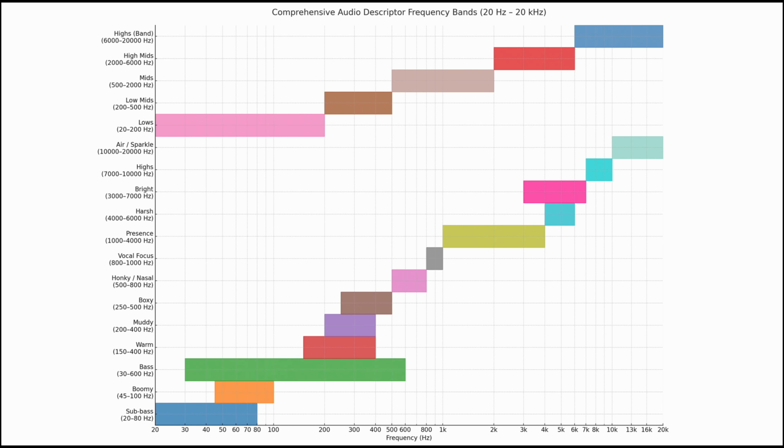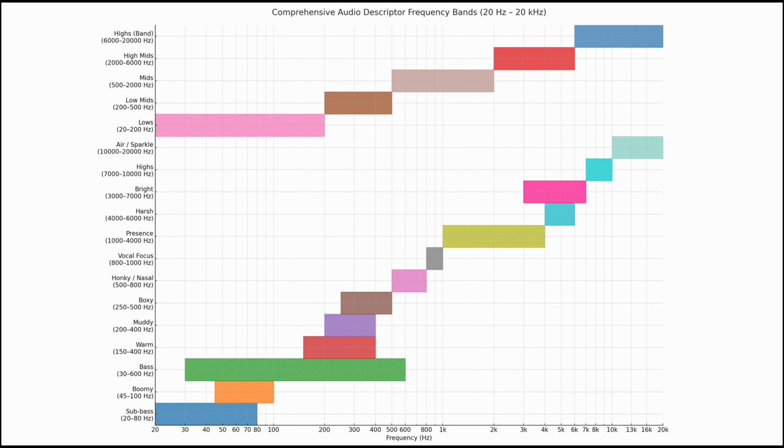All right, as you can see, I generated this very nice graph for us to follow along and discuss the ranges we talked about today. So the first thing I want to talk about is just the basic descriptors of lows, low mids, mids, high mids, and the highs. And the way I have that broken out is your lows are going to be everything from 20 hertz up to 200 hertz.